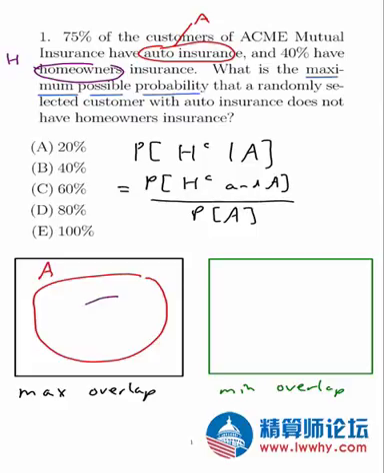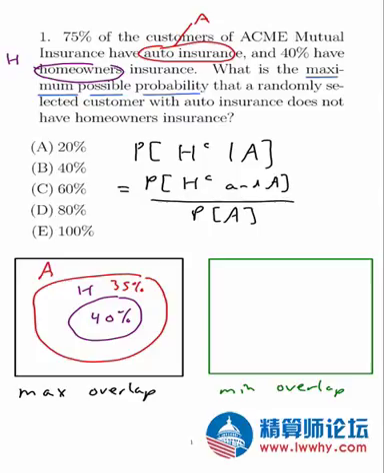So the maximum overlap we could have would be to have the homeowners insurance be purely inside the auto insurance. There's 40% of people with homeowners insurance, so this leaves 35% of people without homeowners insurance, within H complement and A. So without homeowners insurance, but with auto insurance.